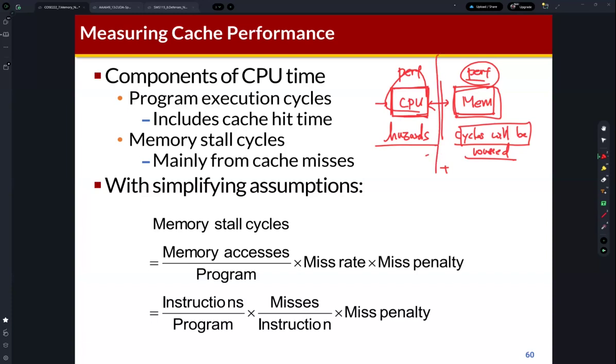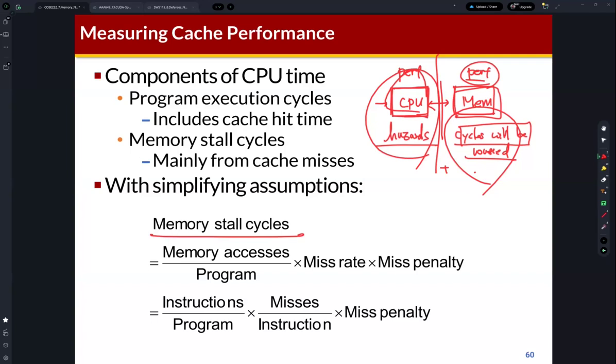We just calculate the performance of the CPU with ideal memory. And then we can add the wasted cycles by the memory system. Then how can we calculate the wasted cycles? They are the memory stall cycles.